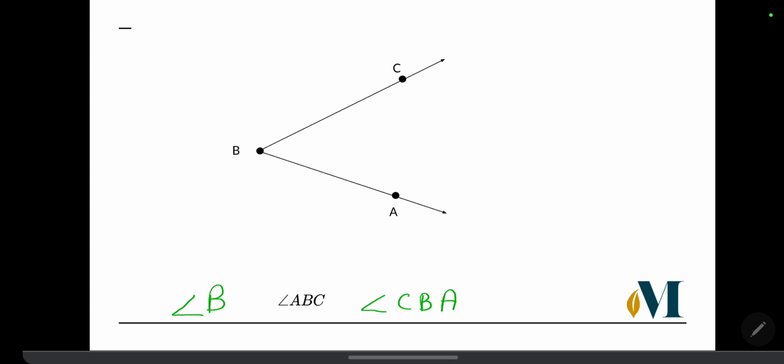So here we have angle ABC. Let's look at it a little bit more. Angle ABC has a measurement of theta. When we're talking about degrees of angles, we can refer to it by using the symbol theta that you see here right in the middle.